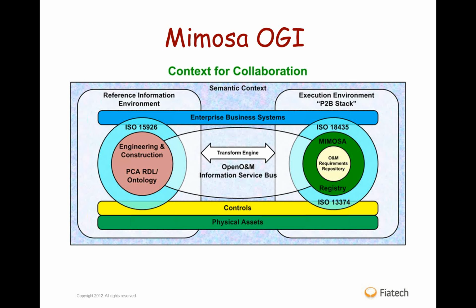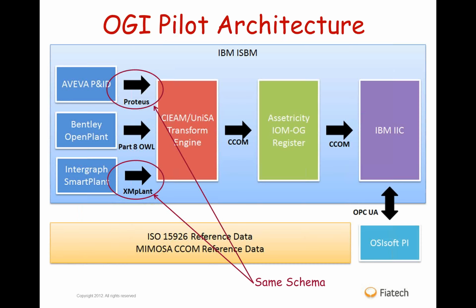And the pilot architecture has been with Aveva, Bentley and Intergraph, and out of those, Bentley were using the Part 8 OWL RDF, and the other 2 were using the Proteus XMPlant schema, and Aveva were using a subset of the schema, so mine specifically focused on P&ID with an additional validation within there.